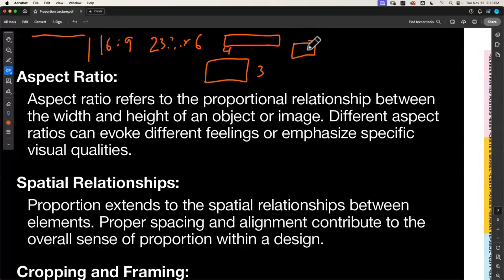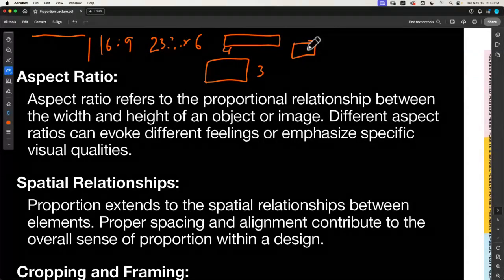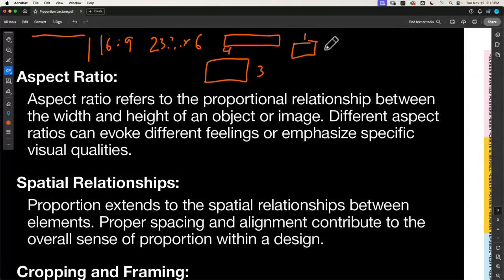And the answer was like 1 by 0.75. And that's the only reason. There is no real thought. They just gave some numbers. Instead of square, they said 1 by 0.75. So that's aspect ratio.